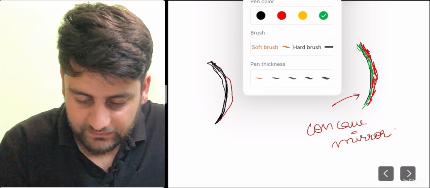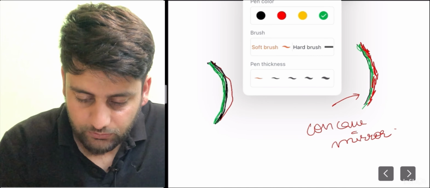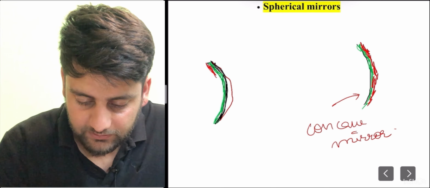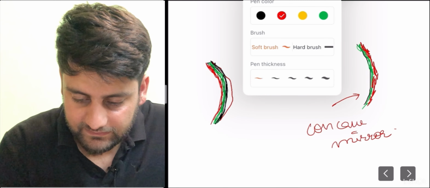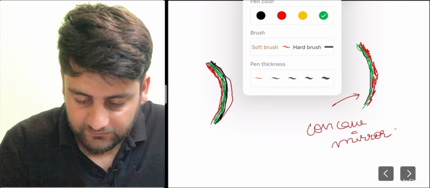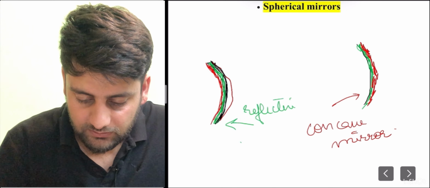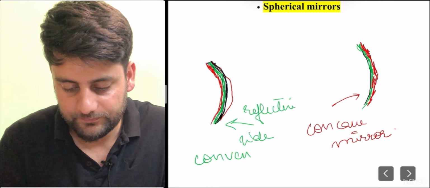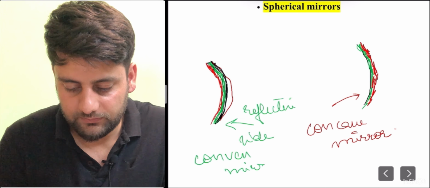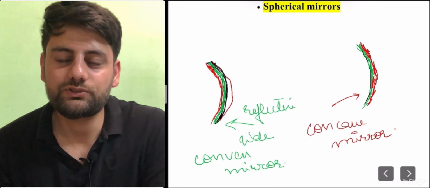You are coating with silver from inside and then red painting it from inside. So that means this is its reflective side. This type of mirror is known as a convex mirror.